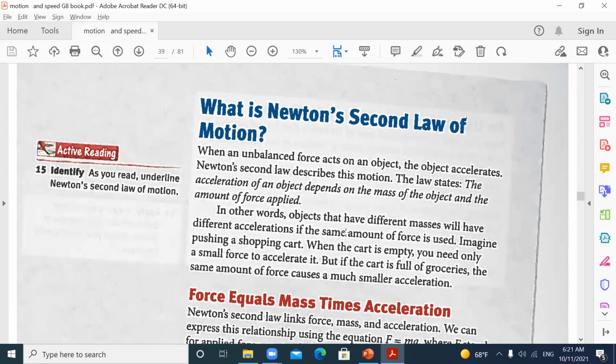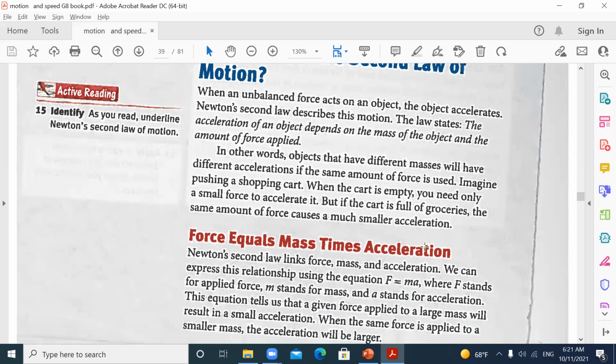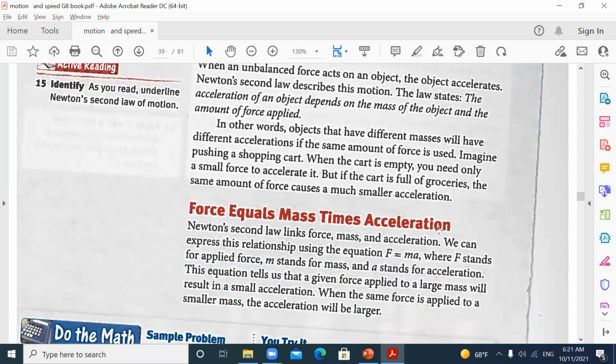In other words, objects that have different masses will have different accelerations if the same amount of force is used. Try to push your friend.